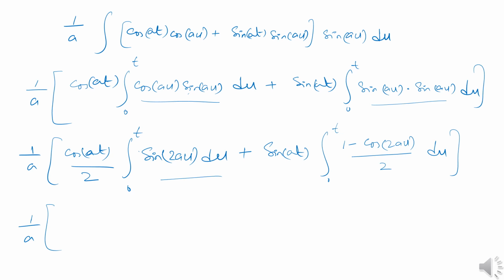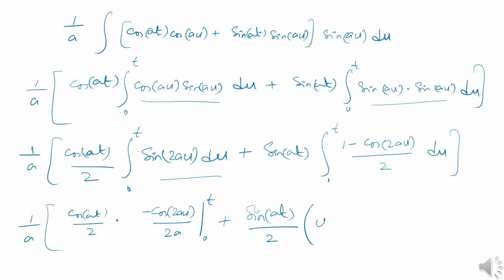I am writing it directly here, that is cos of AT divided by 2 multiplied by minus cos of 2 AU divided by 2a, and the limits are from 0 to t, and again plus sine of AT divided by 2 multiplied by u minus sine 2AU divided by 2a, and the limits are from 0 to t. Now we are very near to our solution.